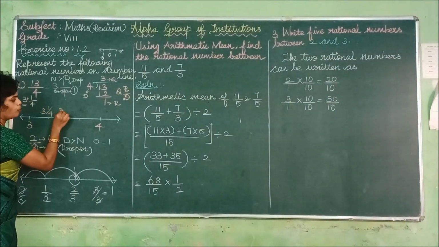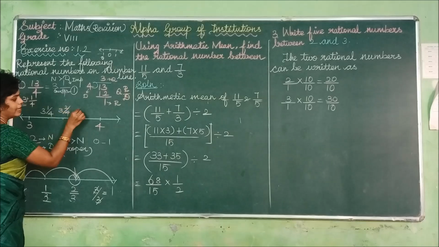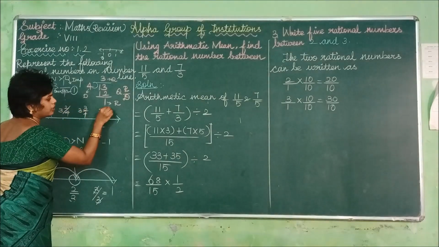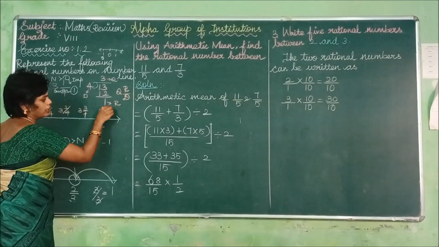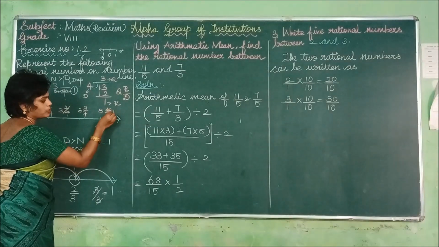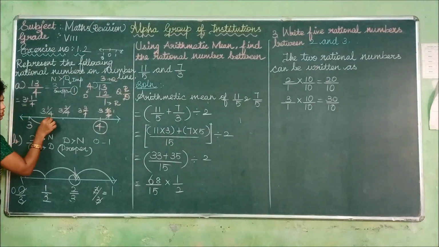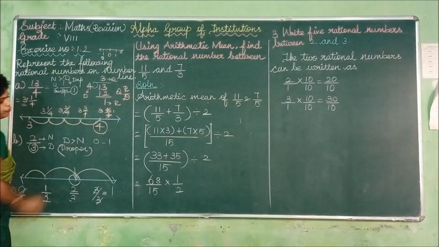Next 3 2 by 4, next 3 3 by 4. At last 3 4 by 4, which cancels to 1, so 3 plus 1 gives 4. So the space between 3 and 4 is divided into 4 portions: 1, 2, 3 and 4.